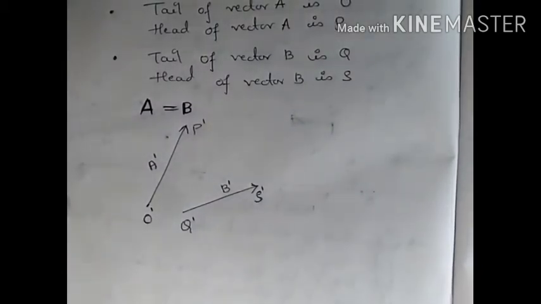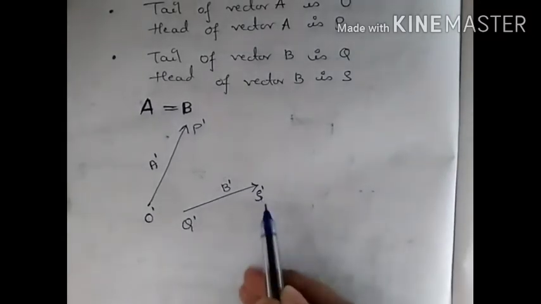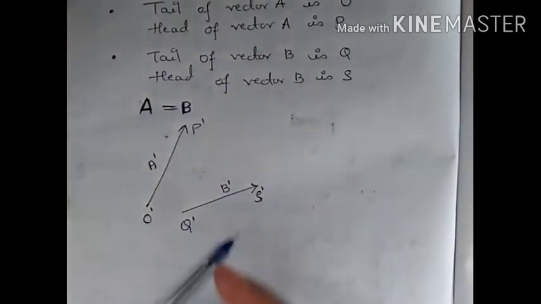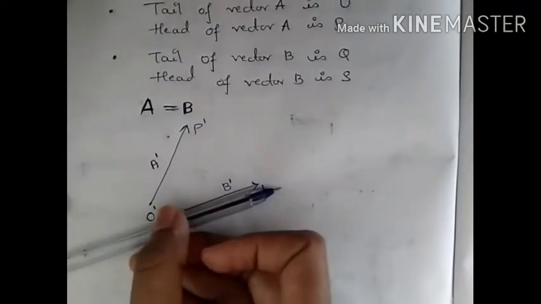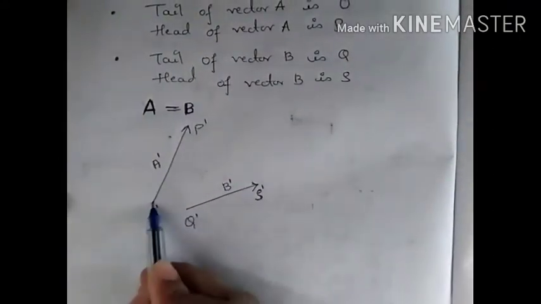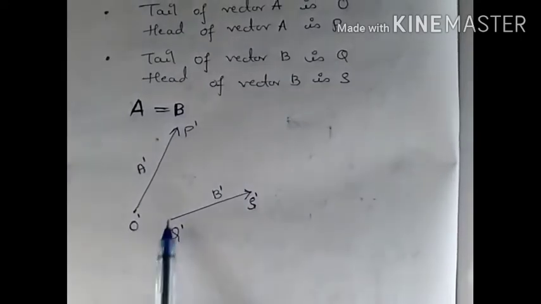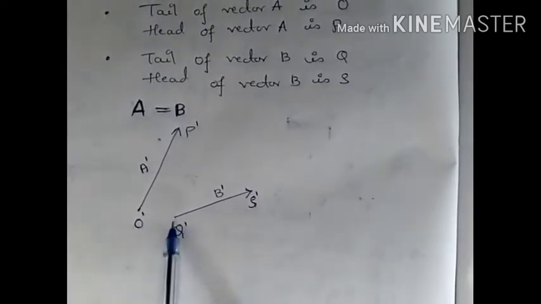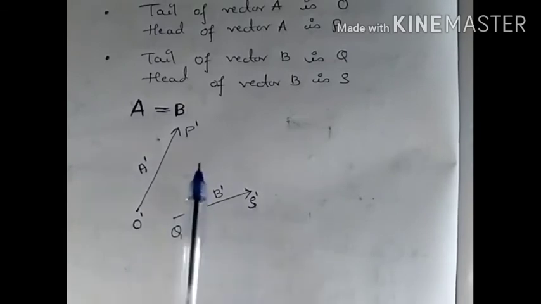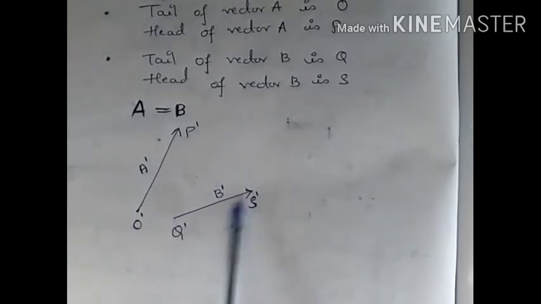Now if you try to shift this vector and coincide Q prime on O prime, then you can see that P prime and S prime will not coincide.